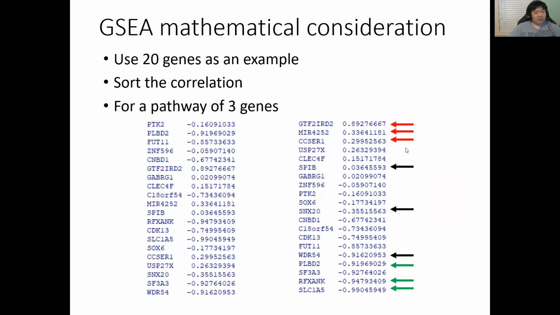So with this toy model, we get an intuitive idea: after you sort the correlations derived by correlating the gene expression versus the conditions, the pathways with genes enriched in the top part of the gene list are more likely upregulated, and the pathways more enriched by the lower or bottom part of the list, the genes with negative correlations, are more likely to be downregulated.